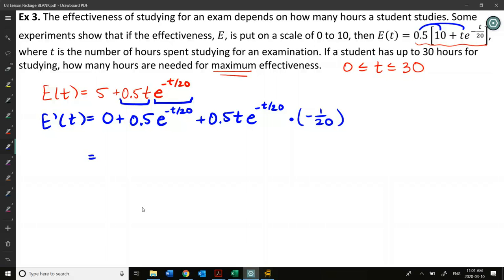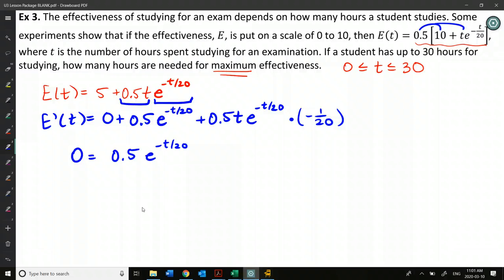All right, and in order to find critical numbers, we need to know where this is equal to 0, right? So we're going to set that equal to 0. I'm just going to clean this up a tiny bit.